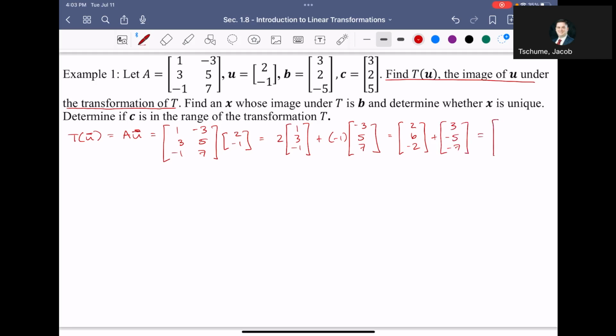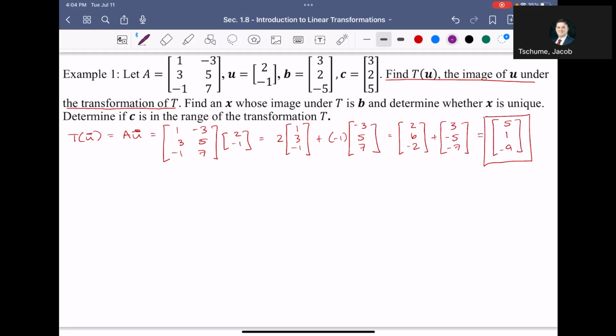When you add these two three-dimensional vectors together, we get 5, 1, -9. And that is the first answer. That is T of U. So we have just transformed a two-dimensional vector U into a three-dimensional vector T of U.